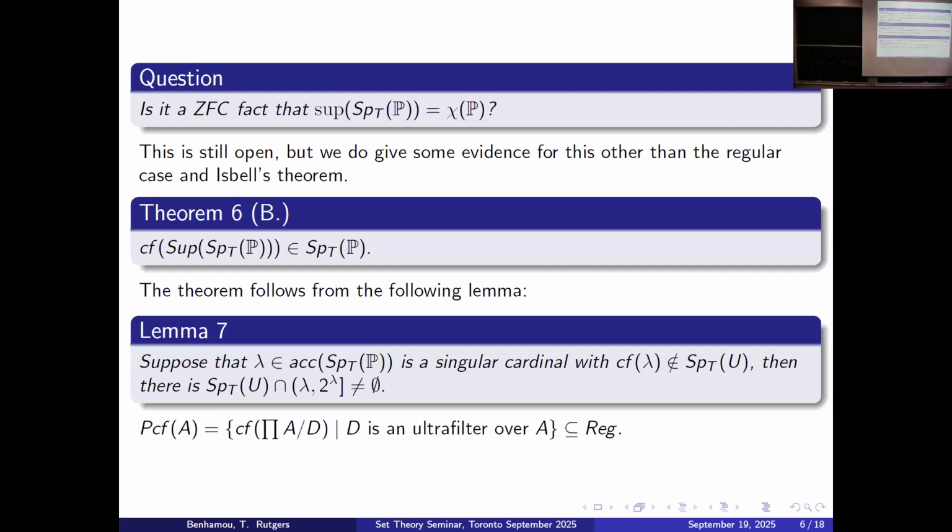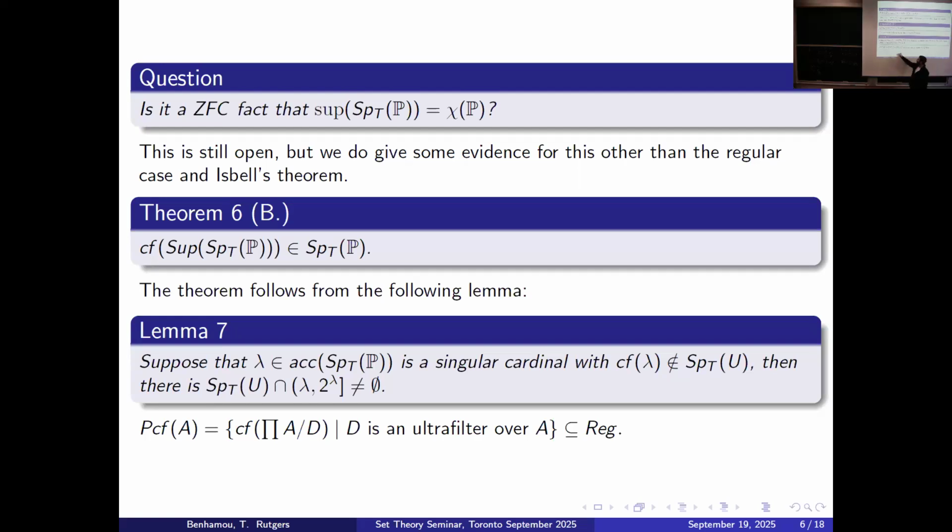So what is the PCF of a set of cardinals A? We usually assume it's progressive. You will see what it means in a second. But you have some set of regular cardinals A. So basically you study this structure. You take the product of those cardinals, so functions which at a given cardinal output some ordinal below that cardinal.